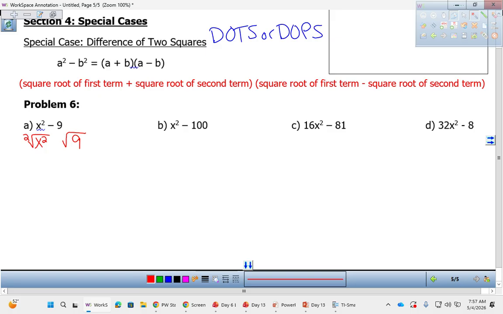Okay? And if you get a whole number, then you just do that division. So inside number 2 divided by outside number 2 is 1, right? So the square root of x squared is just x. You don't need to write the 1. What's the square root of 9? If you don't know, you can type it in your calculator. Square root of 9 is 3.